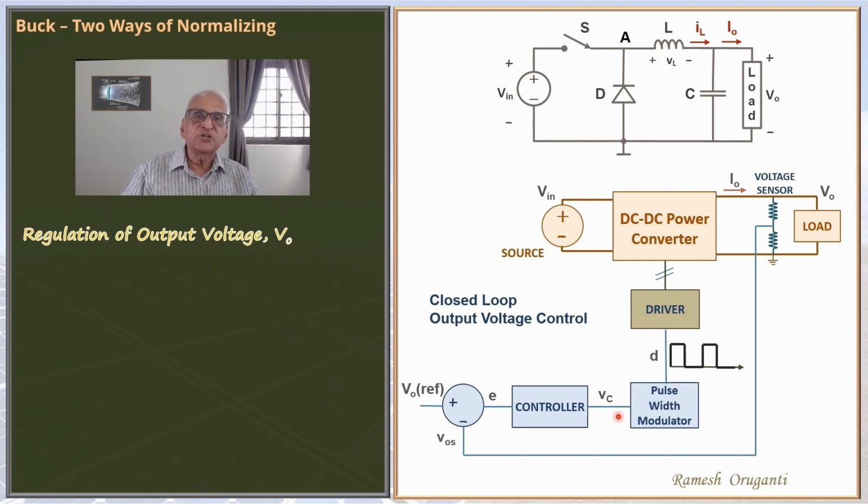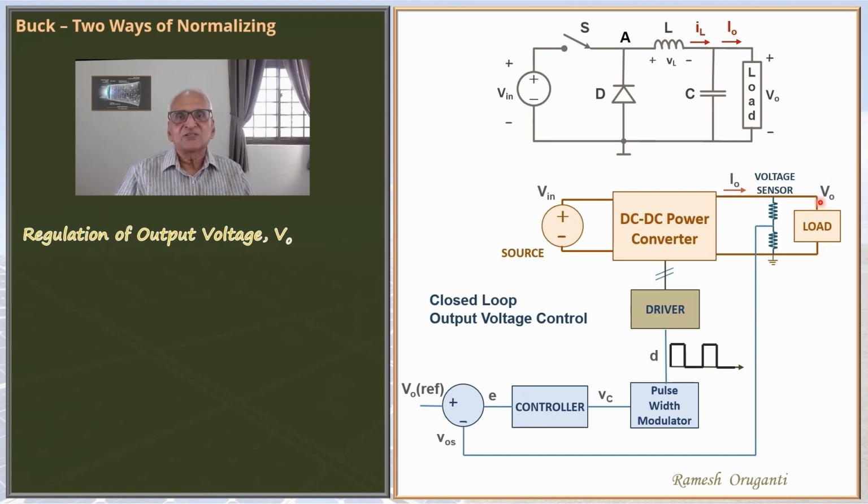As the control voltage comes down, the pulse width is reduced, the duty cycle is brought down, and the output voltage is brought down. Also, if the output voltage goes down, the reverse happens, and the duty cycle is increased, the pulse width is increased, until the output voltage reaches V0 desired.